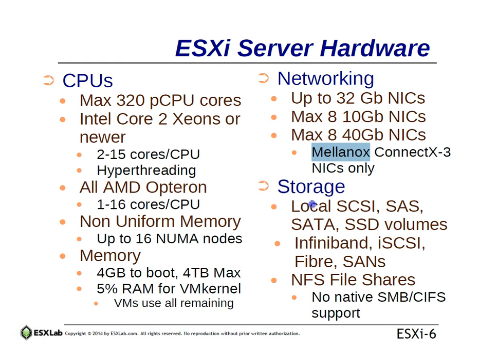Now, as far as storage goes, my ESXi host can be configured with local SCSI storage. That's an old standard that's been superseded by SAS or serial attached SCSI. I can have cheaper SATA drives in my ESXi host, or I can have SAS or SATA solid state drives in my host.